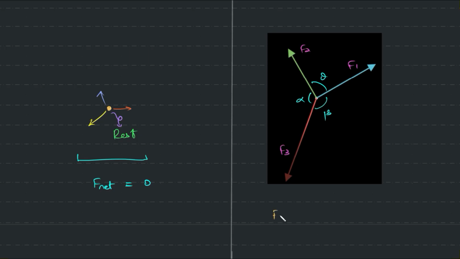What the theorem is telling is: F1 by sine of the angle opposite to it, that is alpha, is equal to F2 by sine beta, which is equal to F3 by sine theta. These ratios will be equal to each other. That's it, as simple as that.